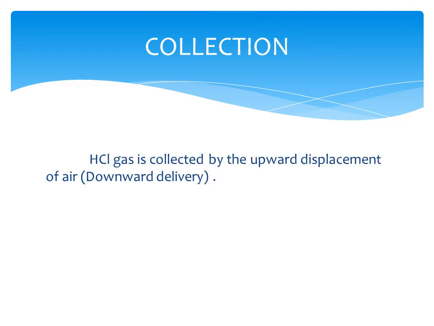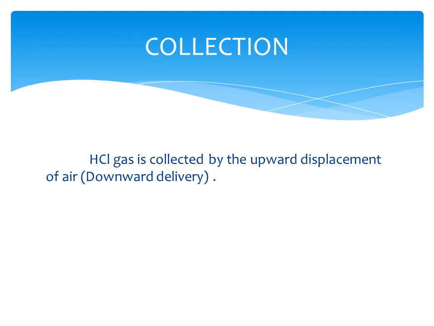We have seen that hydrogen chloride gas is prepared in the laboratory by the action of concentrated sulfuric acid on sodium chloride. The gas is collected by upward displacement of air, or downward delivery.